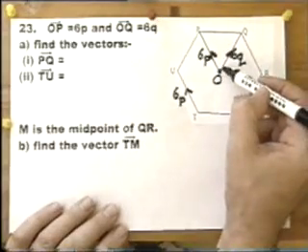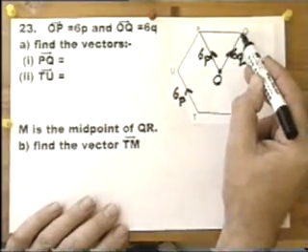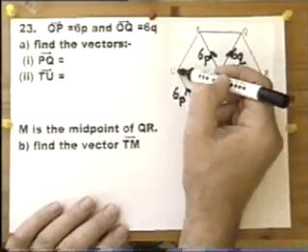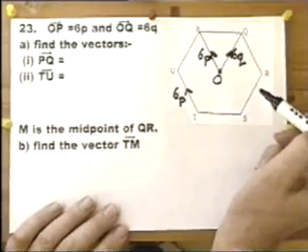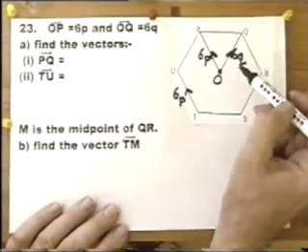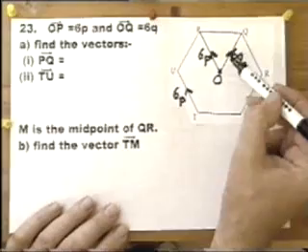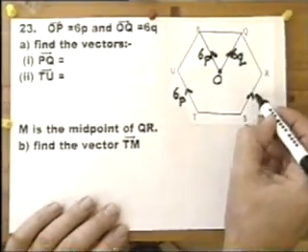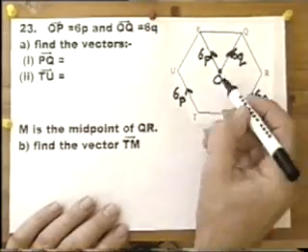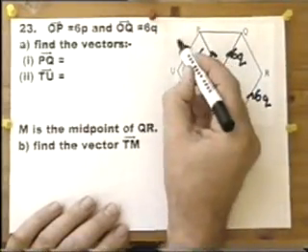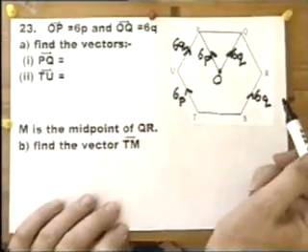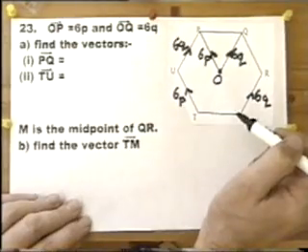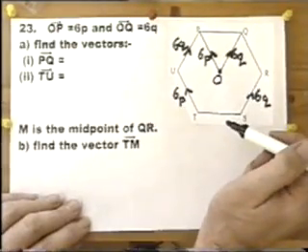The same applies to this one here. This vector is parallel to this vector, and they're all the same length. So if OQ is 6q, then SR is also 6q, and UP is also 6q. I can add that information to the diagram, and it might become useful later in the question.